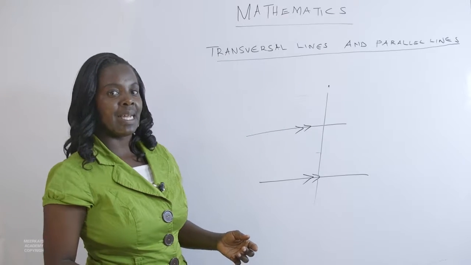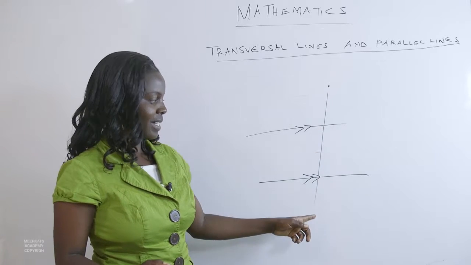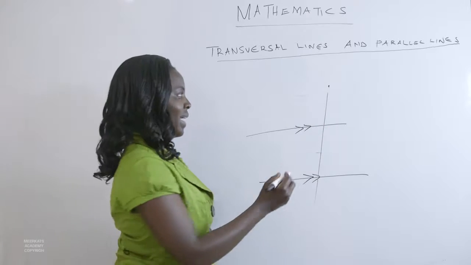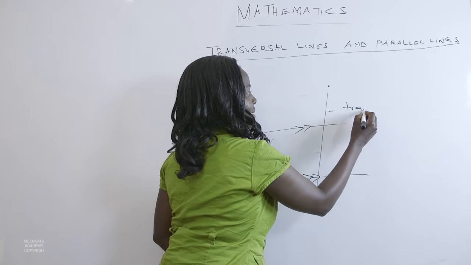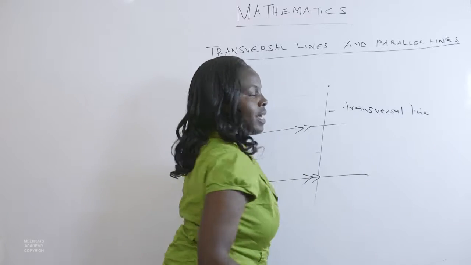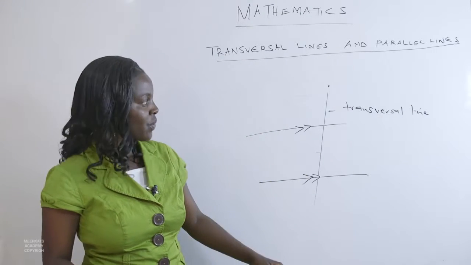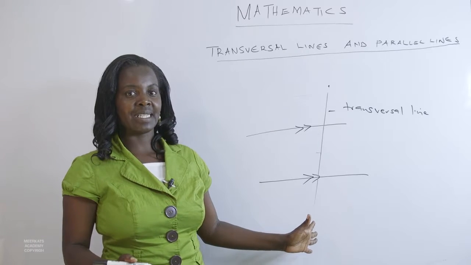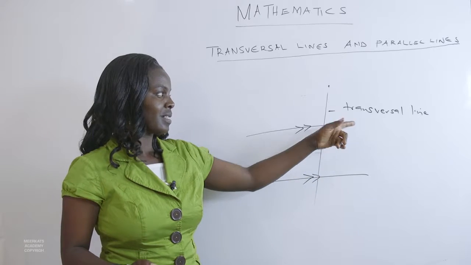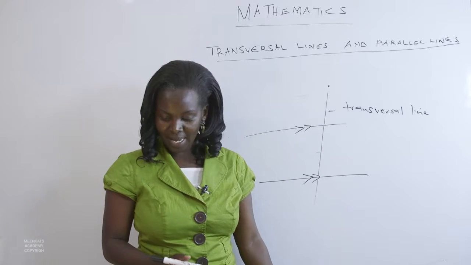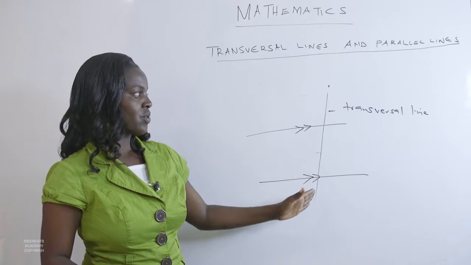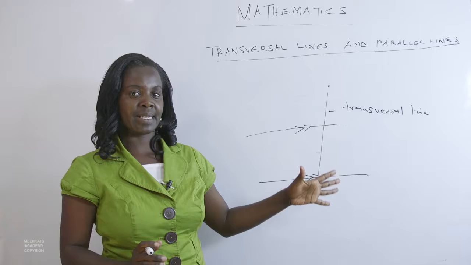If we have 2 parallel lines and then there is one line that is cutting across the 2 lines, this line is what we call a transversal line. A transversal line is a line that cuts across 2 lines, not necessarily that they are parallel. But if they are parallel, then it is still also called a transversal line. So it is cutting across 2 or more lines.